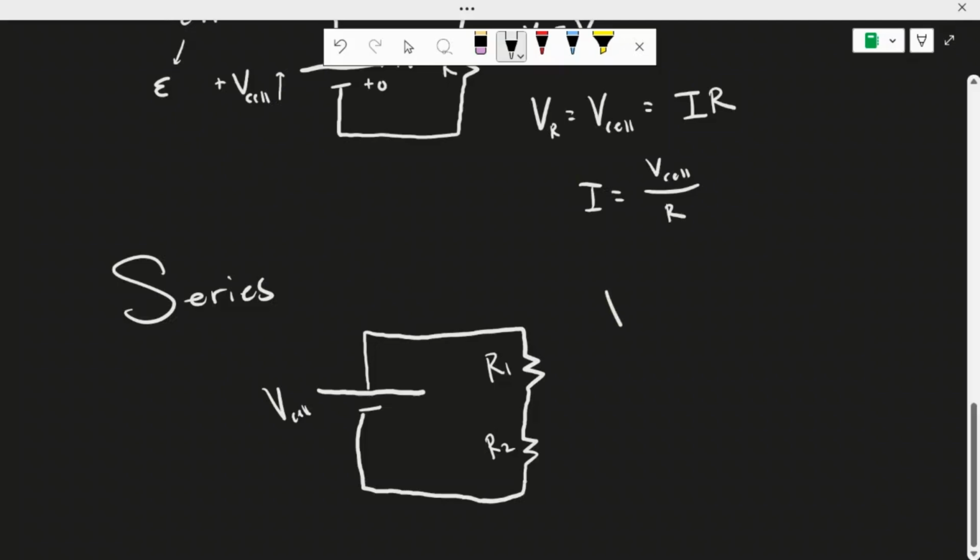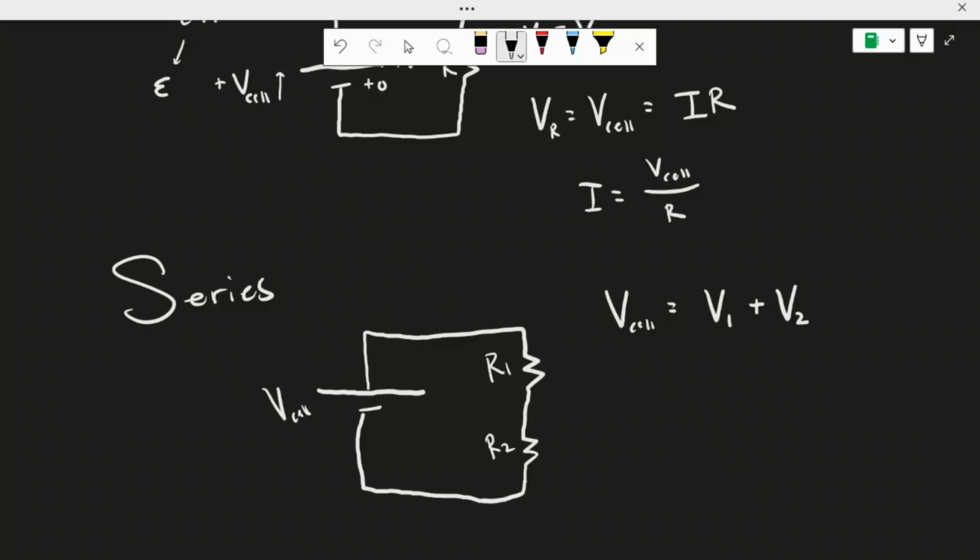So we know that the voltage drop across the cell would have to equal the voltage drop across resistor 1 plus the voltage drop across resistor 2. The reason is because that voltage will have to first go through resistor 1, like the charge and current will have to go through resistor 1, then resistor 2, and it will lose some voltage across resistor 1, but if it loses all of its voltage, it won't be able to go across resistor 2, and then the current will stop flowing and you have problems.